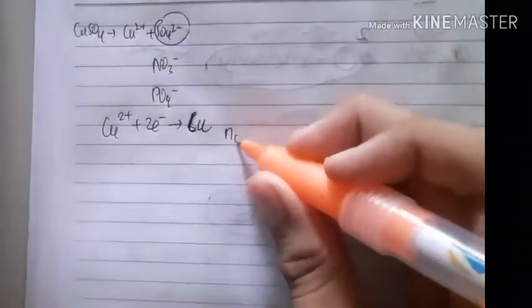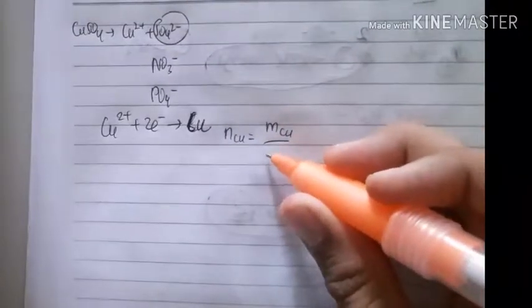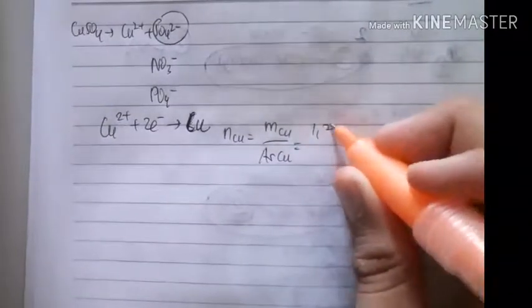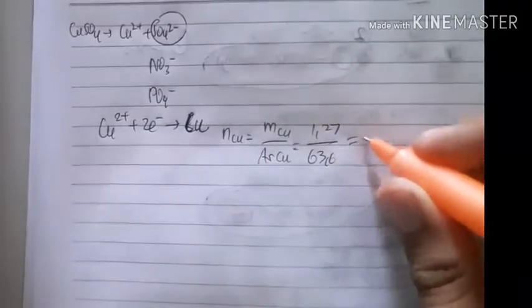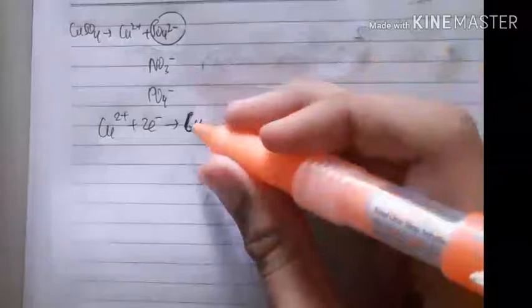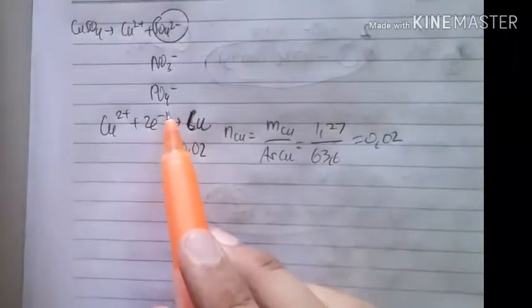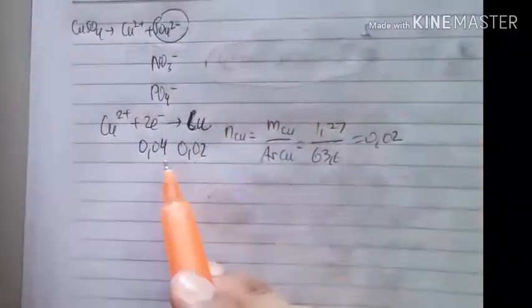The mole of copper: the formula is the mass of the copper in grams over the atomic weight of the copper. It is 1.27, right? The mass generated at the cathode for copper, over 63.6. So this is 0.02. If the mole of copper is 0.02, we can determine the electrons to be 0.04 mole, right?